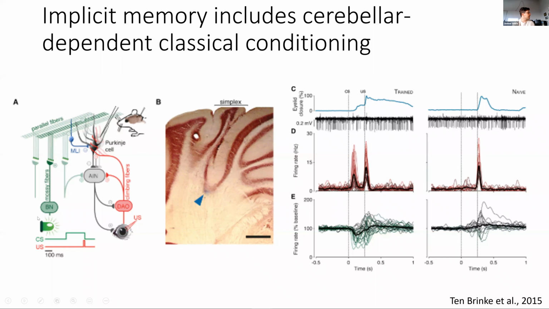You can give a light stimulus here, which is passed through the visual cortex and then communicated through the pontine nucleus into the parallel fibers of the cerebellum, which ultimately signal to the Purkinje cell.